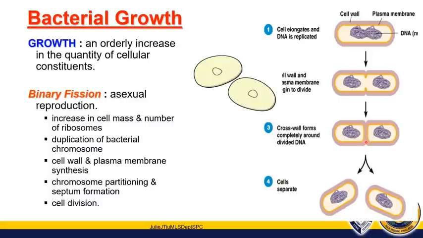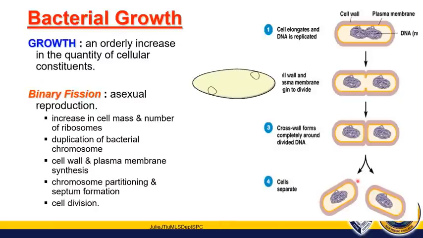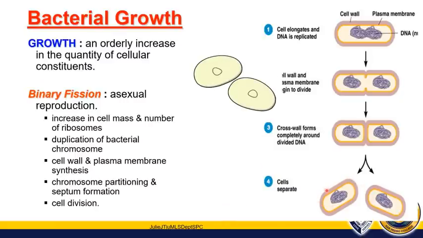This draws the DNA molecules in opposite directions, while new cell wall and membrane are laid down as a septum between the two chromosomal compartments. When septum formation is complete, the cell splits into two progeny cells.